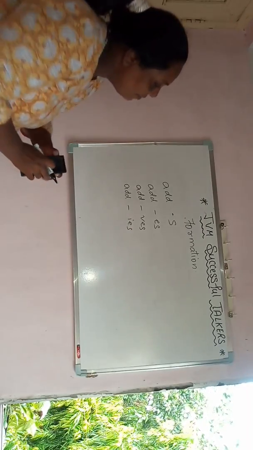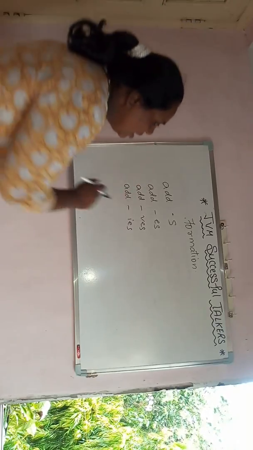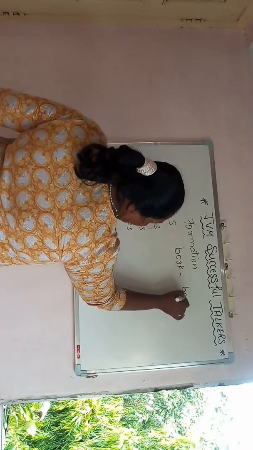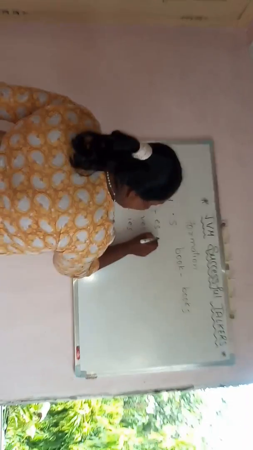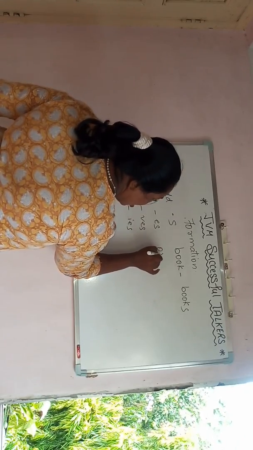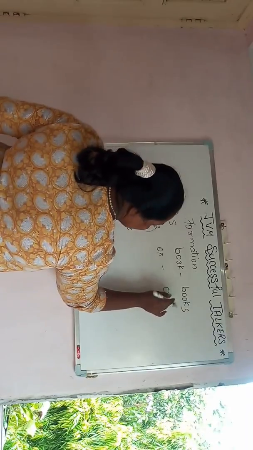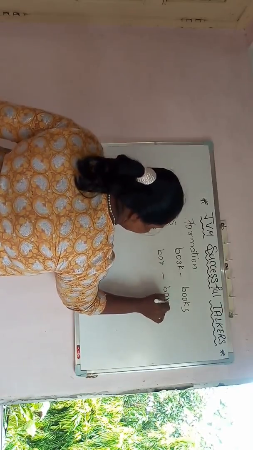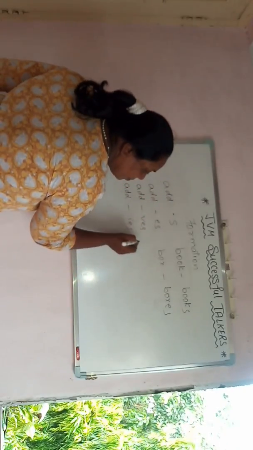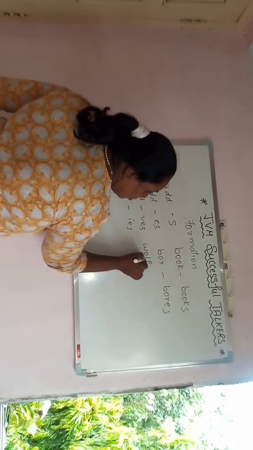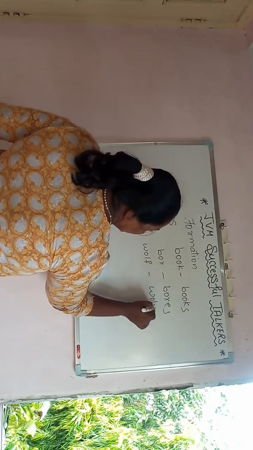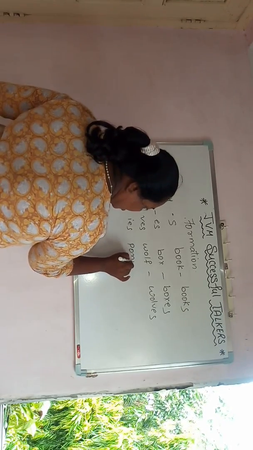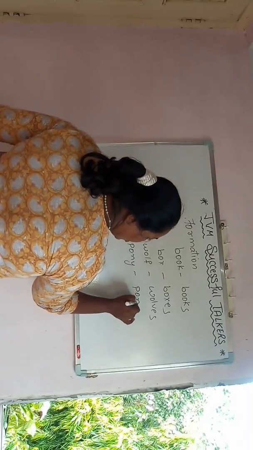Box, boxes. Wolf, wolves. Pony, ponies. In all these we are adding s, es, ves, ies like this.